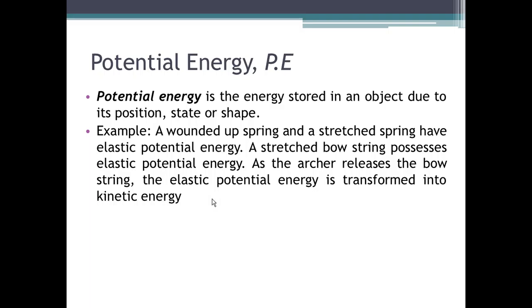So again, I'll be mentioning it. Different forms of potential energy. In this illustration, we have elastic potential energy, such as in springs and bow and arrow. Gravitational potential energy, such as in the hammer example, and chemical potential energy, such as in the example for Mentos and Coke.